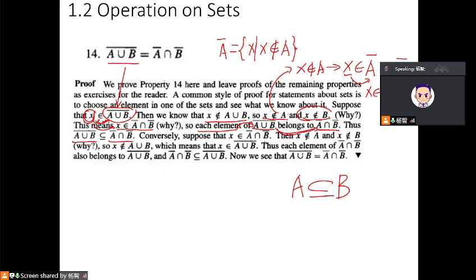Direct? Because each element of the complement of the union of A and B belongs to the intersection of the complement of A and the complement of B. This satisfies the subset definition.